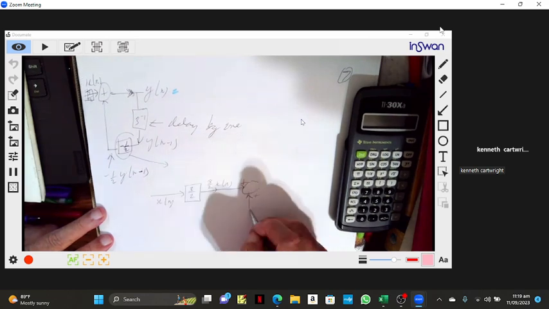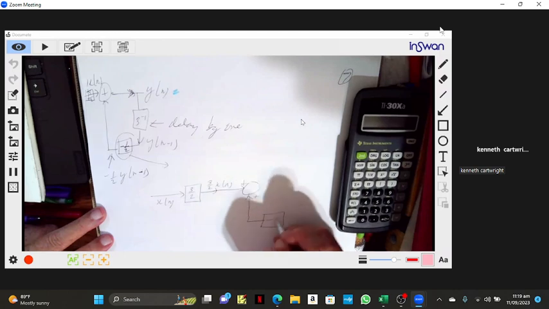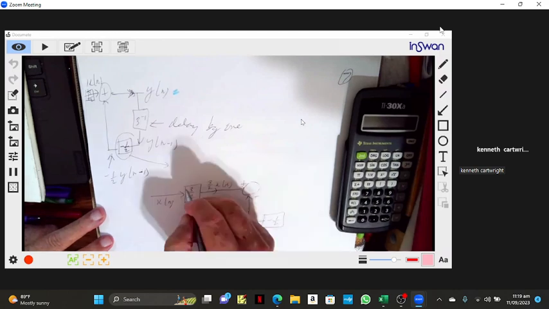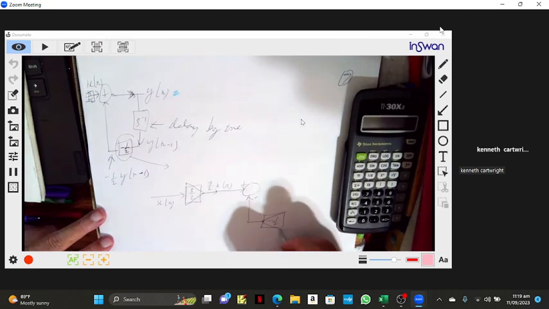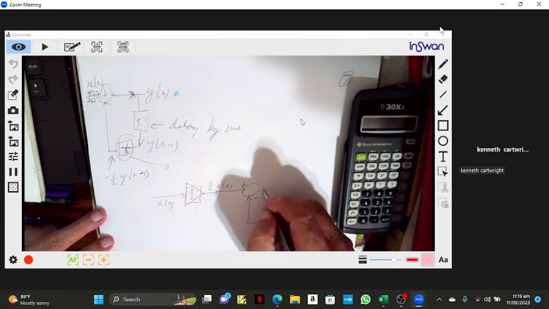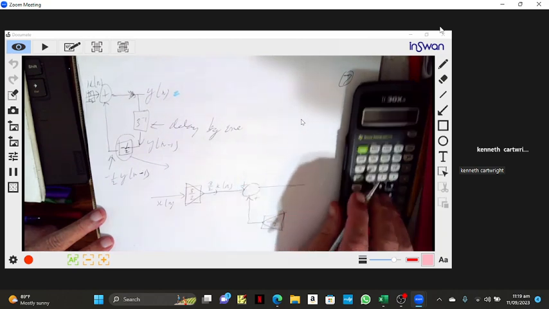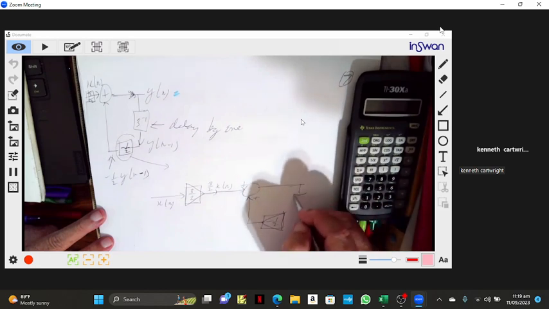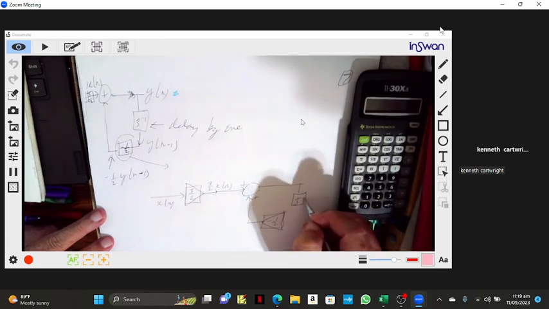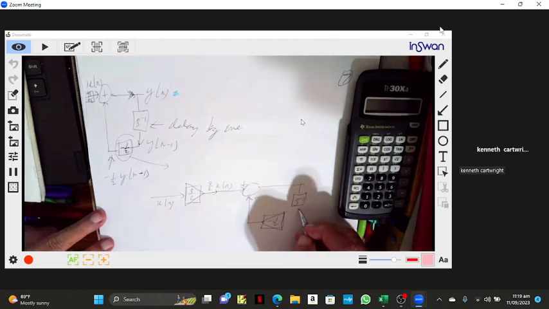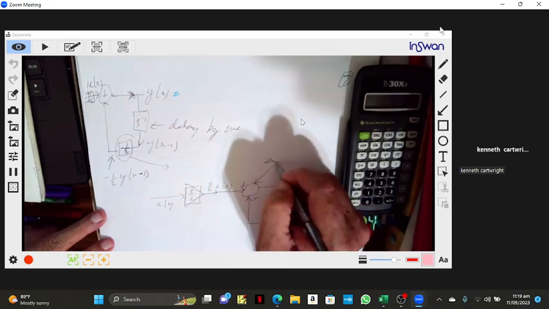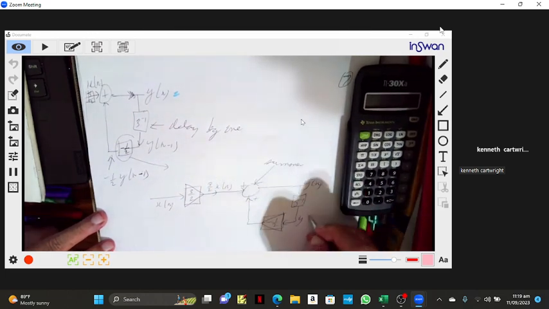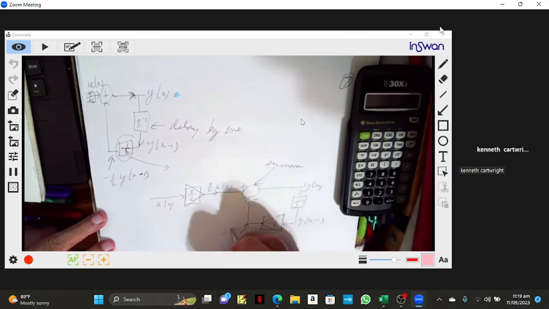This plus this negative half. Sometimes we draw this as a triangle. And here's the delay. So here's y of n. This is a summer. This would be y of n minus 1, and this is a negative half y of n minus 1.